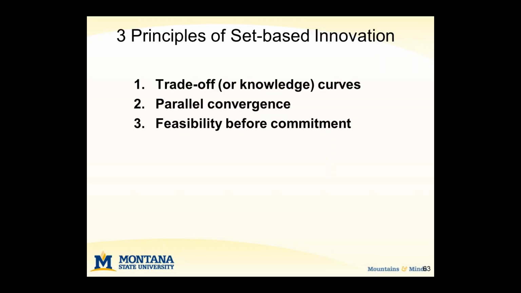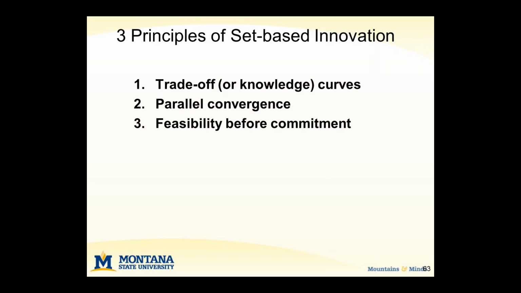Okay, so far today we've talked about 3 principles of set-based innovation. The first one is really understanding the trade-off space and how the design parameters affect your functional performance, and do that in terms of trade-off or knowledge curves.